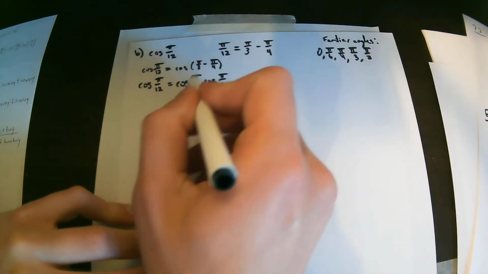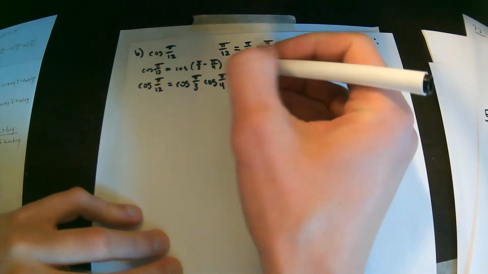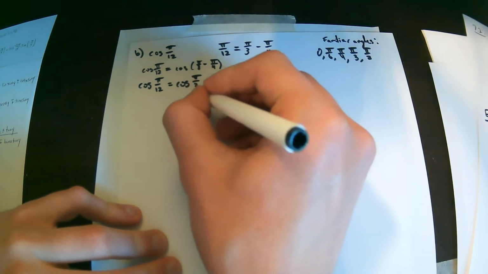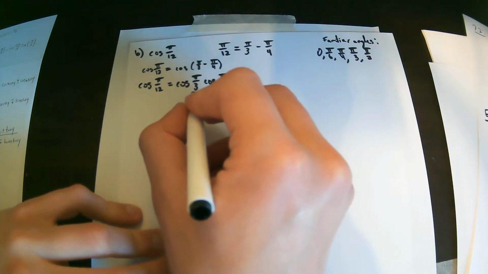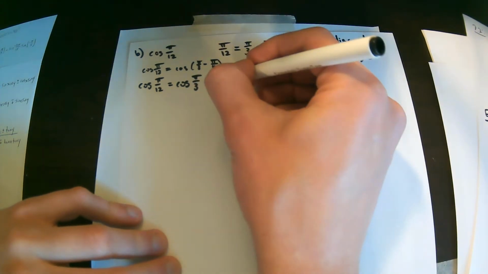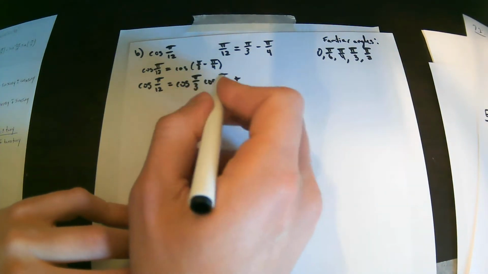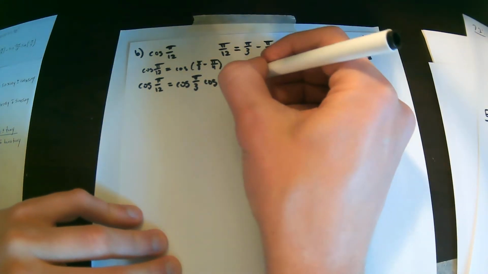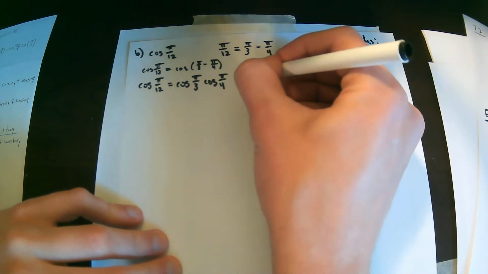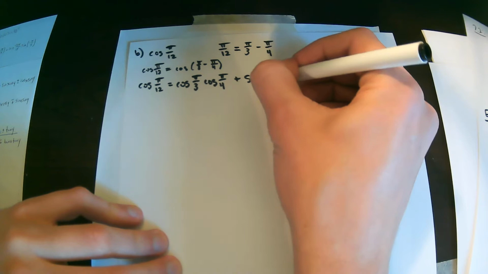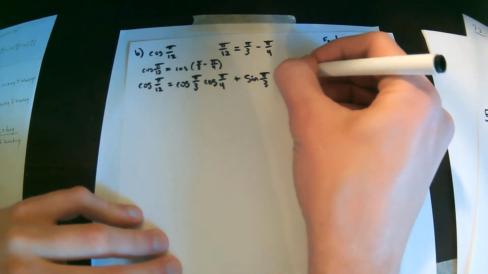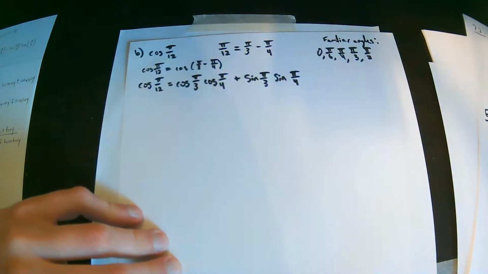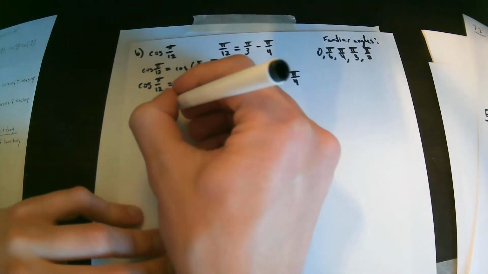And then that is turning into this. So I'm going to have cosine of the first one times cosine of the second one, and then plus, because the sign is changing for the cosine, and then I'm going to have sine of pi on 3 times sine of pi on 4. Okay, now I need to evaluate each one of these.